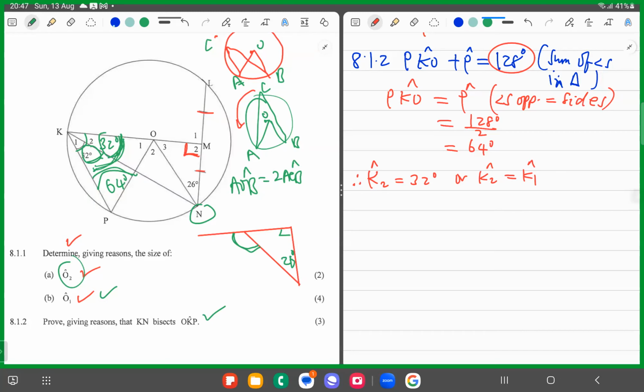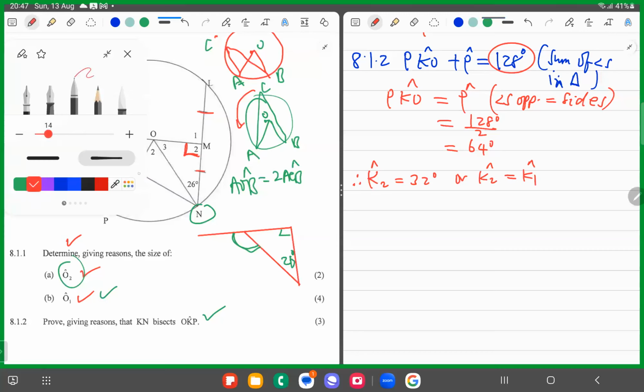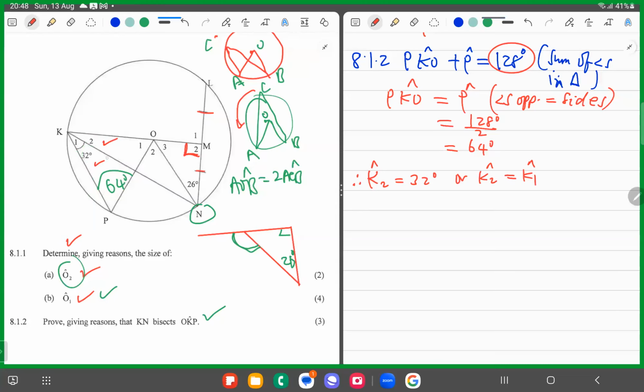The fact that K2 is equal to K1 means therefore that KN bisects PKO, or OKP.